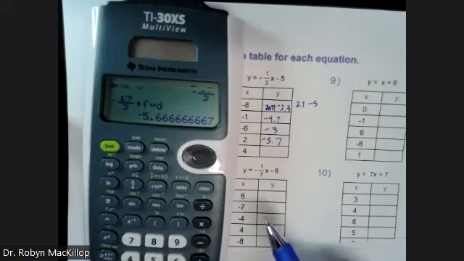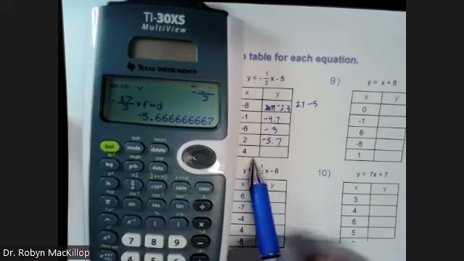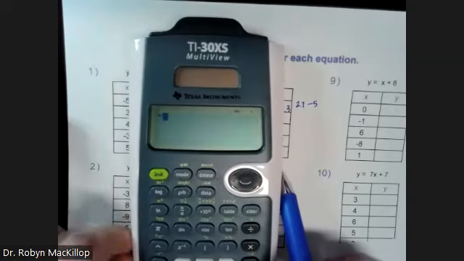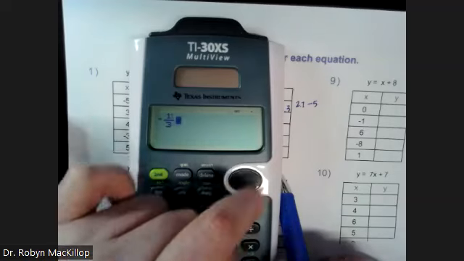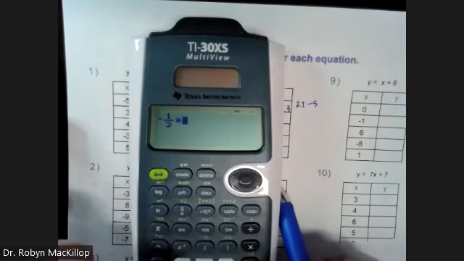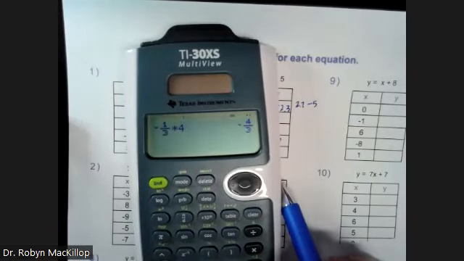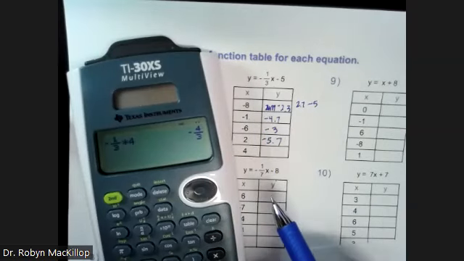And this one's probably going to be -6.7, 7.7. Let's try it. Negative, let me clear that. Negative fraction 1, arrow down, 3, arrow out of fraction mode, times, and that was 4, yep, equals -4/3 minus 5.